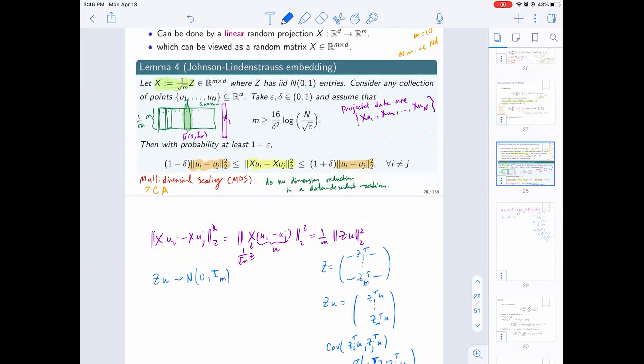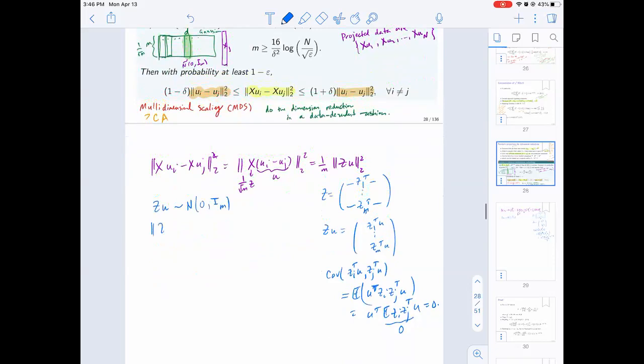Okay. So what is the distribution of this then? It would be chi squared, because it's the sum of squared independent Gaussian variables. Who said chi squared? Ian, yes.